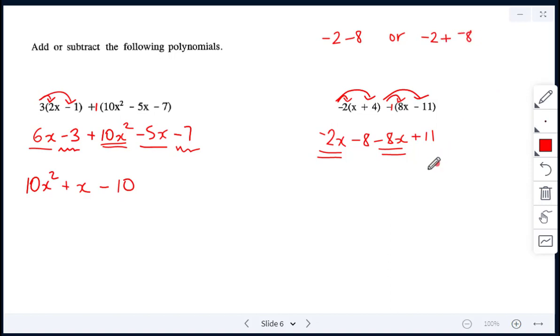Either way, it's the same thing. The answer is negative 10x. And then we have the negative 8 and positive 11, which gives me positive 3. So the answer is negative 10x plus 3.